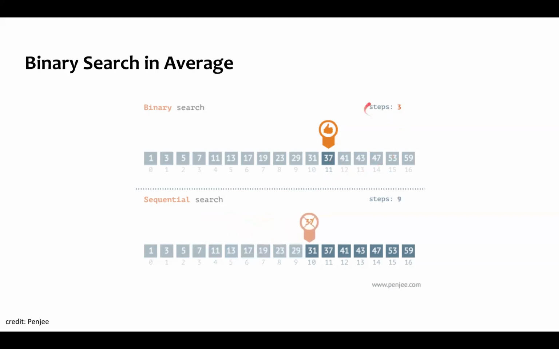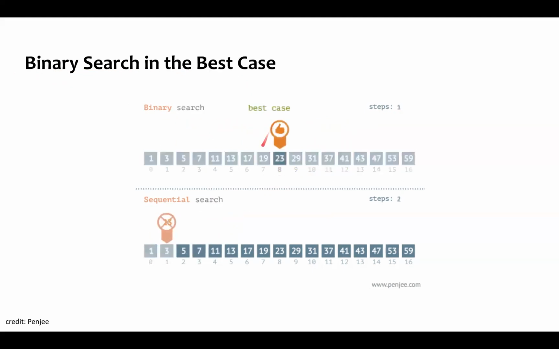And it takes really few steps to find the value we are looking for. However, sequential search takes much more time than binary search. And this is binary search in average cases. In the best case, if the value we are looking for is in the middle, then it takes just one step, right?